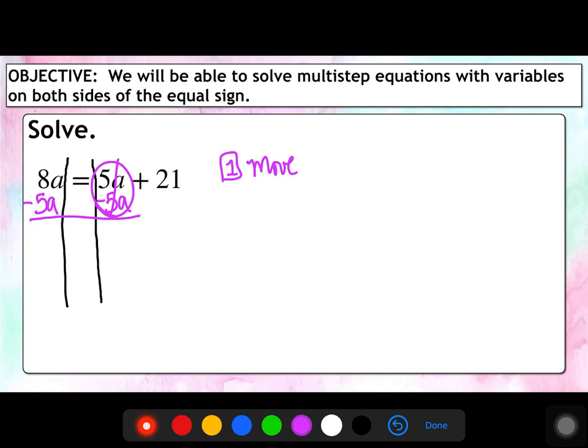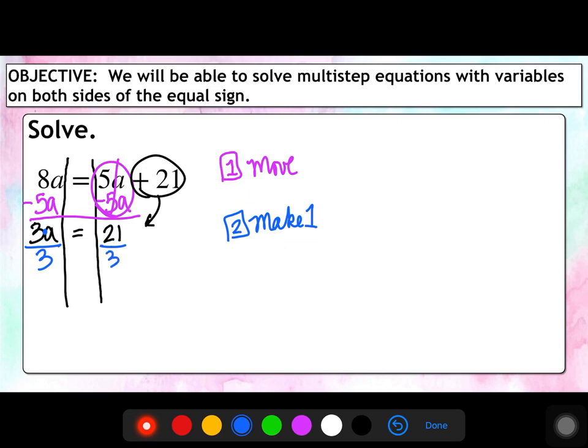The whole term goes away. And now I have 3a equals, it's a positive 21, so I'm just going to move the positive 21 down. It's not really even a two-step equation. It's only a one-step equation. I just need to make 1 now, so I'm going to make 1.